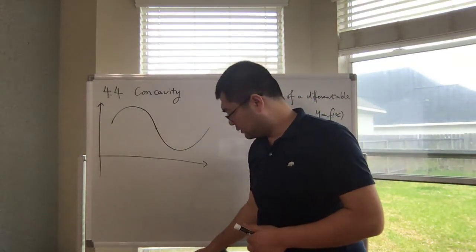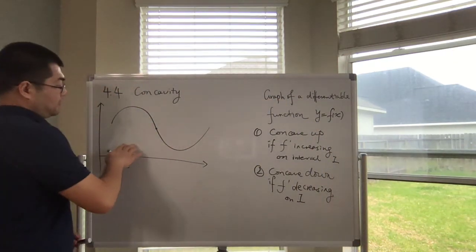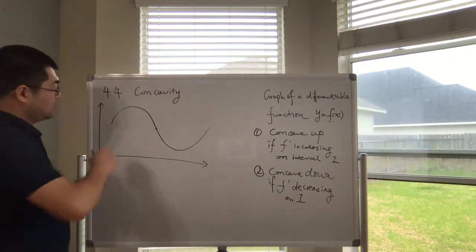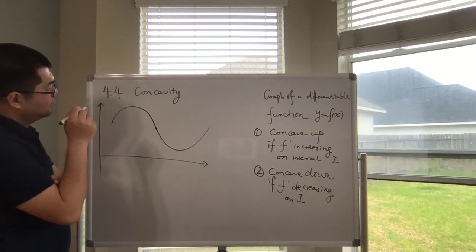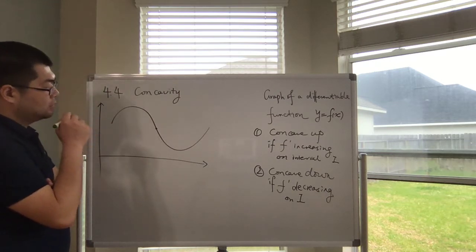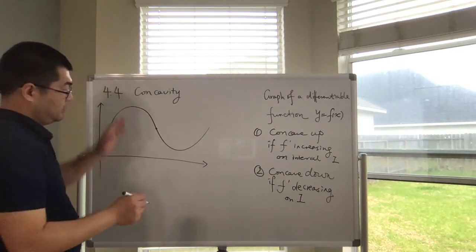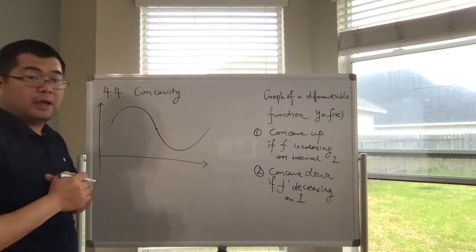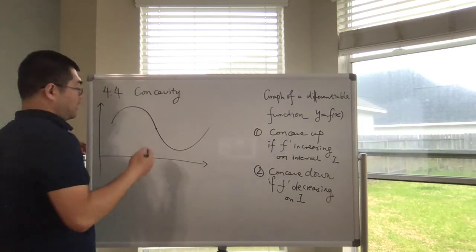See, this is a function, and you can see, guys, right now I'm going to draw a couple of tangent lines across this curve, and I would like to see if there are some patterns I can find.